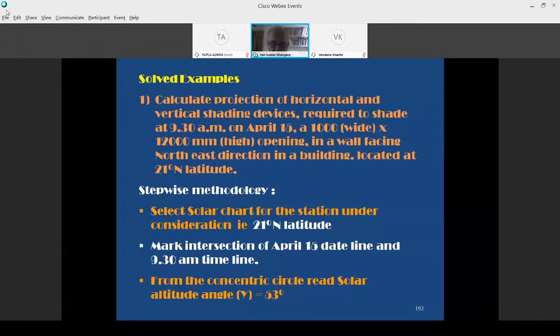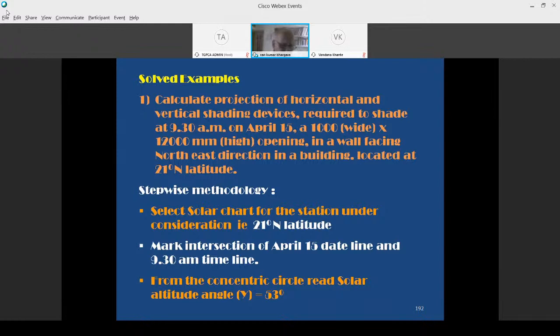From the concentric circles, read the solar altitude angle, that is gamma. Wherever our intersection of date and timeline is, mark that position and see which is the closest concentric circle to this point, and find out approximately the solar altitude angle, and check.